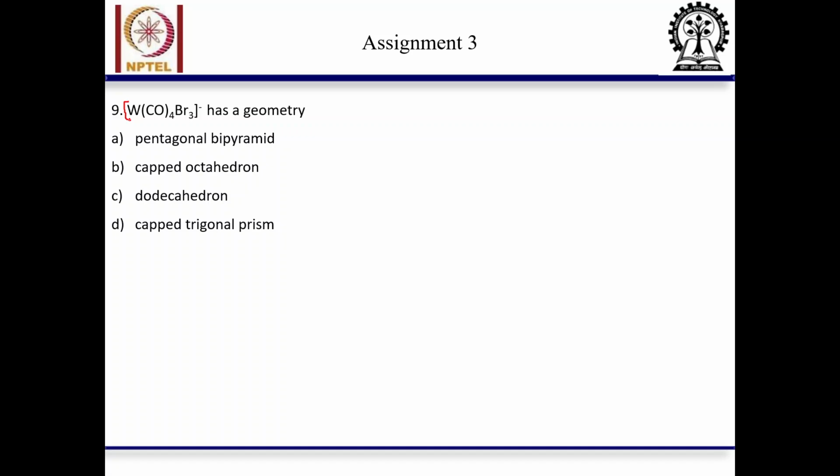Pentagonal bipyramid. Okay. Anyone else?